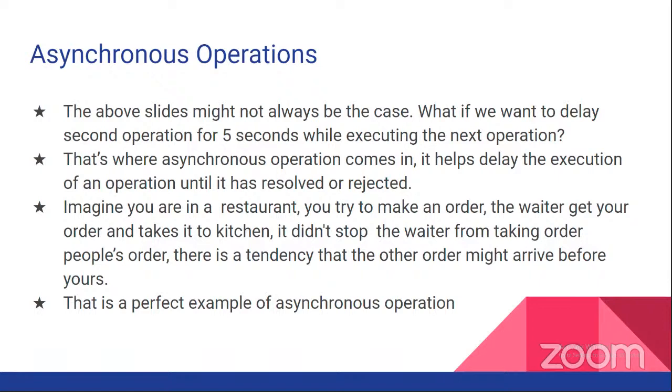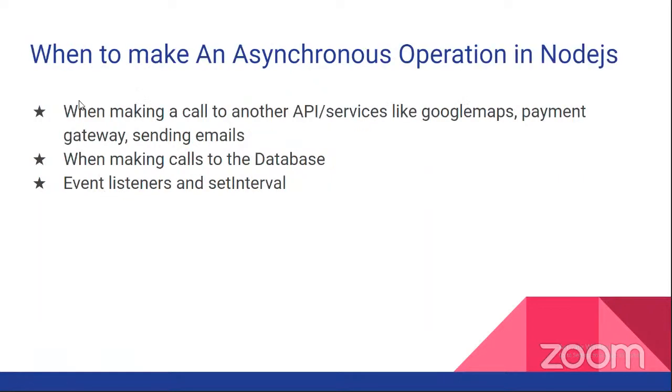Unlike a synchronous operation, which has to wait no matter how long it takes for the next operation to execute, this does not wait. So you might ask, why do we use asynchronous operation in Node.js? However, everything we are talking about here can be used with JavaScript, because Node.js is basically JavaScript.